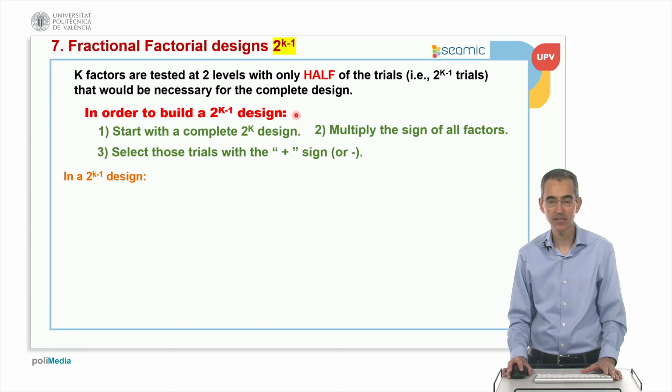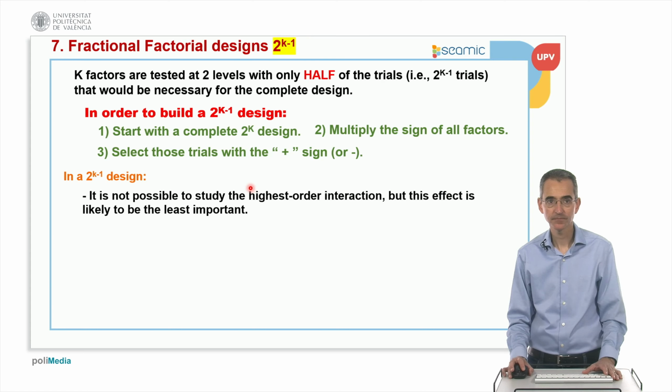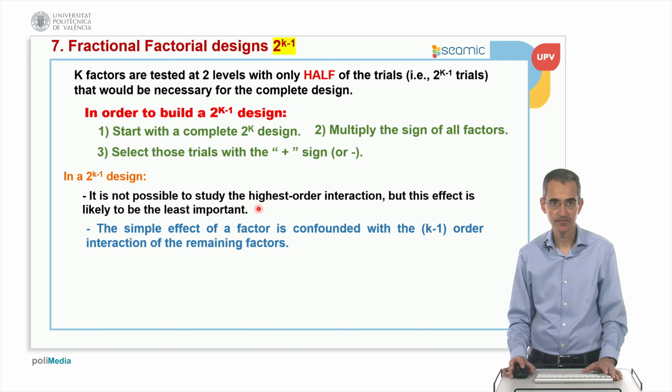So this kind of design is quite easy to make a fractional factorial design. For example, in this case, it's not possible to study the highest order interaction, but this effect is likely to be the least important, so it's not a major problem.